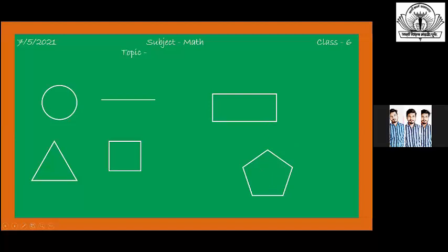Very good. Each shape has a different number of sides. A circle has no sides, a line has 2 ends, a triangle has 3 sides, a square and a rectangle have 4 sides, and a pentagon has 5 sides. So based on the number of sides, each figure is classified into different types.